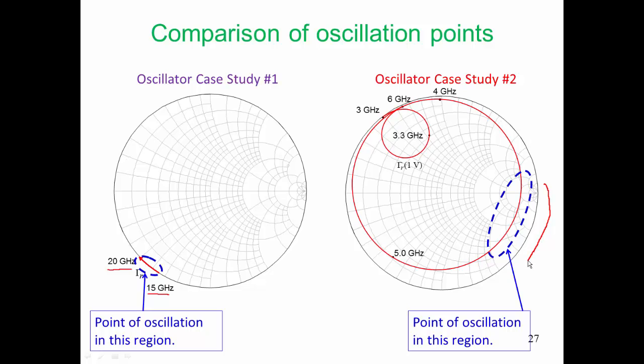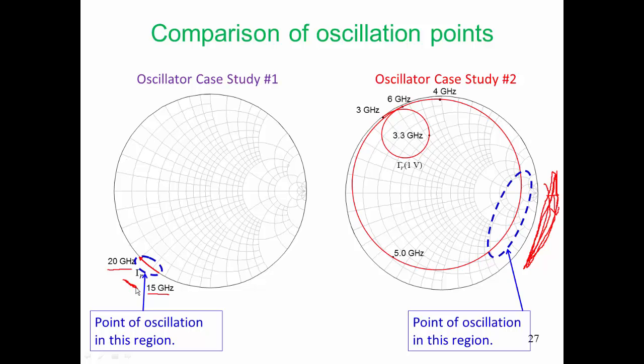Now, strictly speaking, for a Colpitts oscillator, we would have to be below the horizontal line of the Smith chart. But we can cheat a little bit here because we don't actually have an inductor there. We have a transmission line there. Things are a little bit different. So the region of oscillation can be a little bit inductive as well, as long as we get stable single frequency oscillation.